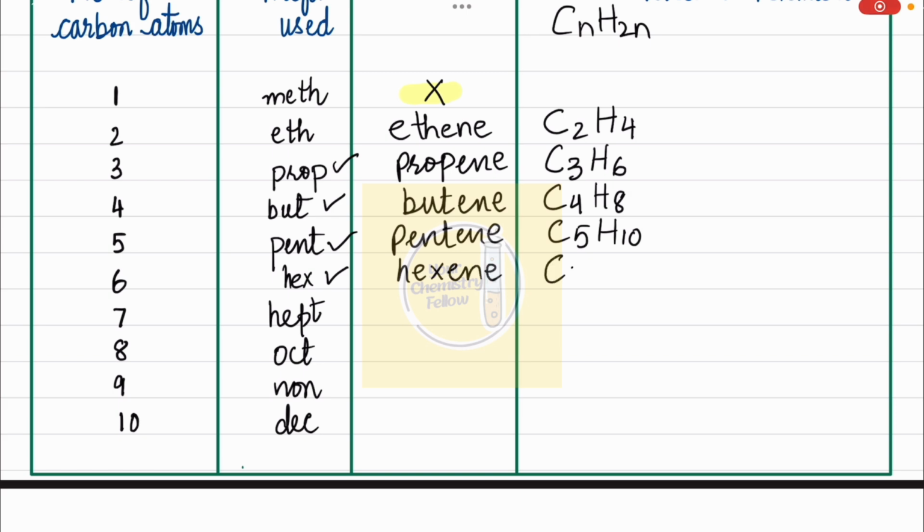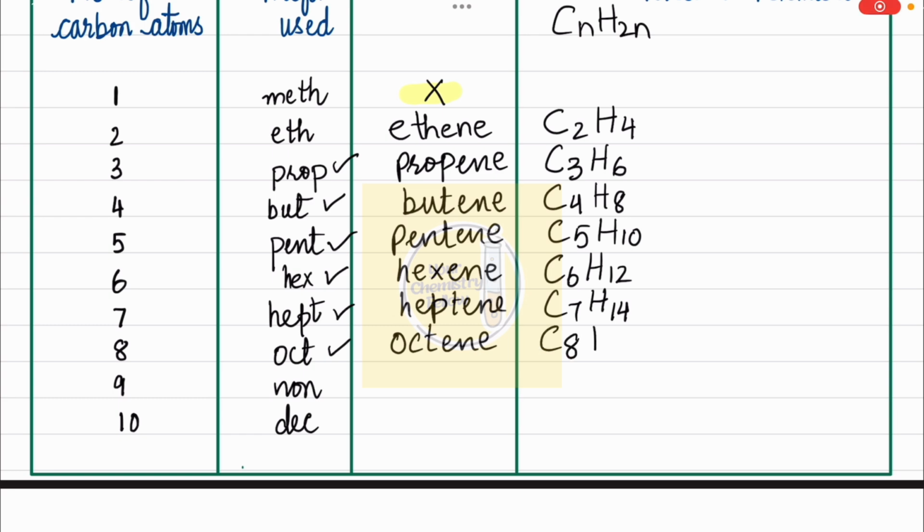The molecular formula will be C6H, H will be 2 into 6 makes 12. For 7 carbon atoms, the name will be heptene and its molecular formula will be C7H, H will be 2 into 7 makes 14. For 8 carbon atoms, oct is used. The name will be octene and its molecular formula will be C8 and hydrogens will be 2 into 8 makes 16.